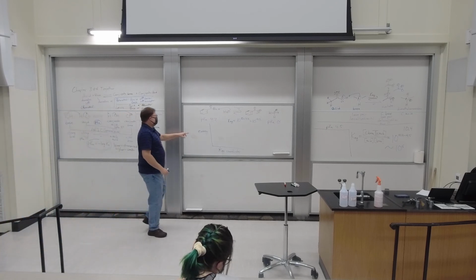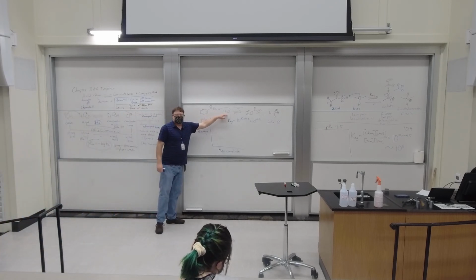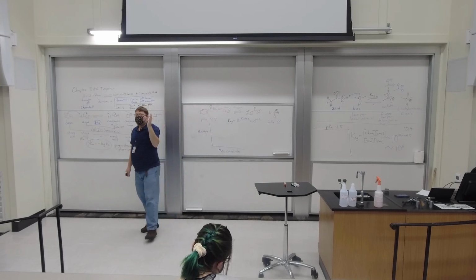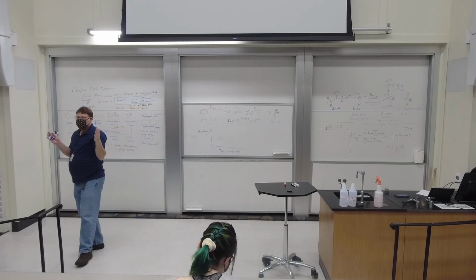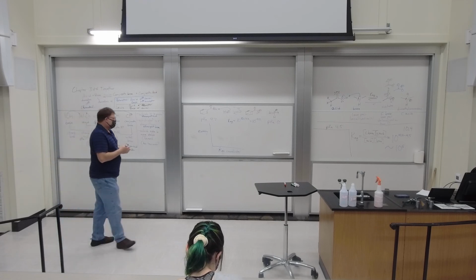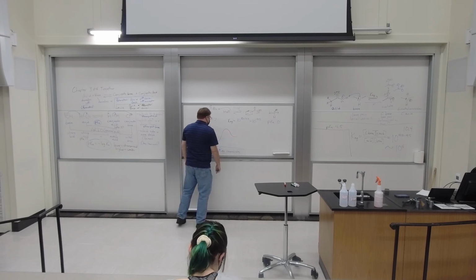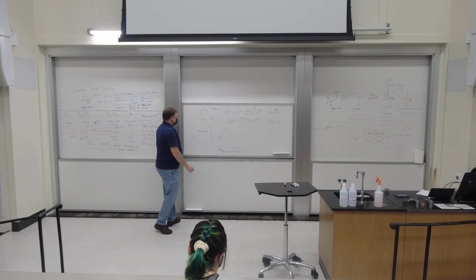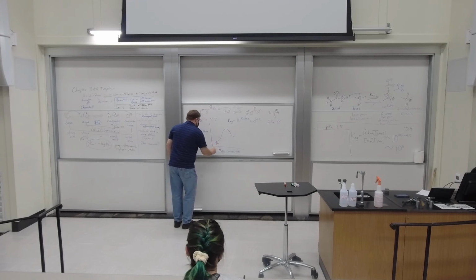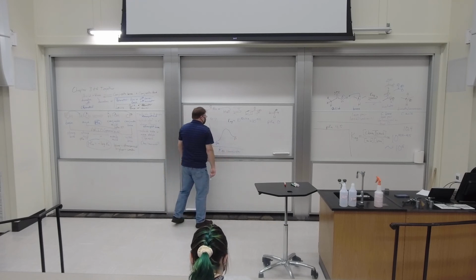We would either make it this OH bond distance or the new OH bond distance, and we would plot the energy versus that distance. And what you'd find is, the left is favored, the start is favored, so it would look something like that. So starting material on the left is favored, product on the right.